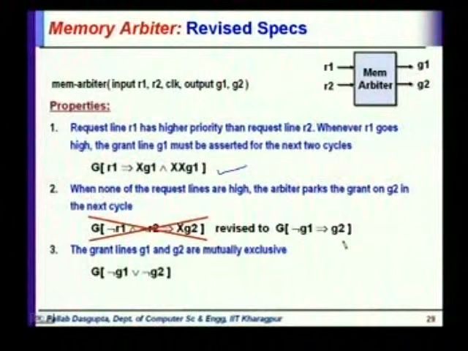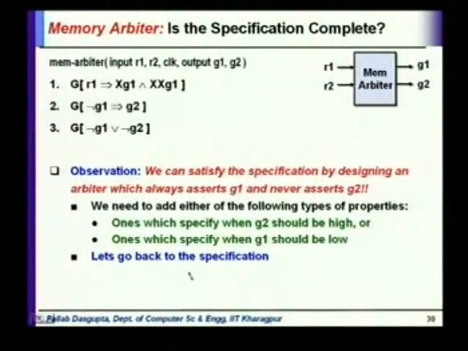So that is what is happening here. In whichever cycle G1 is not granted, let G2 have the grant. Now, these three properties together are satisfiable, but we have another problem: is the specification complete?